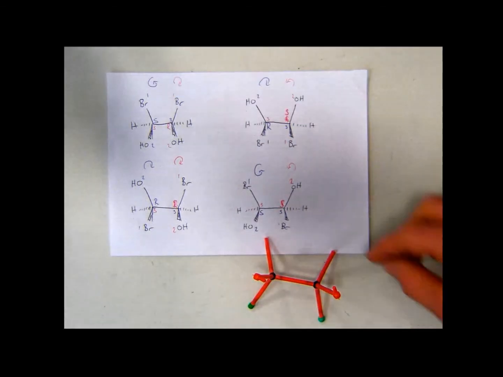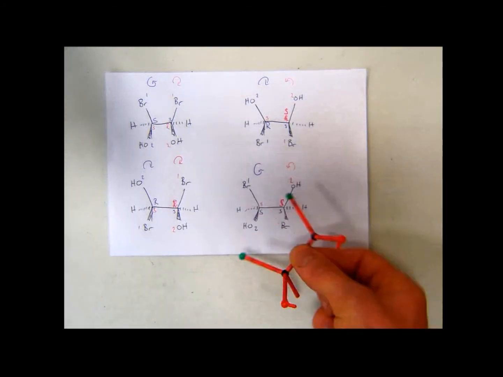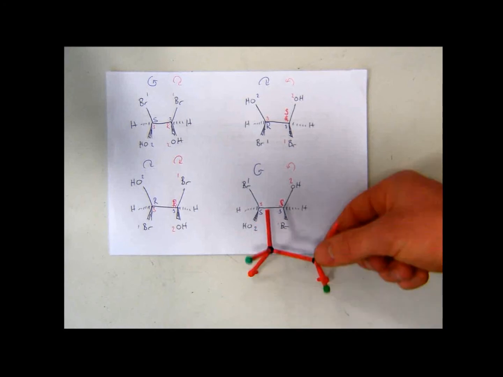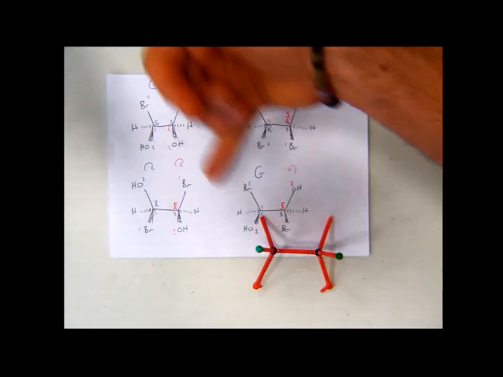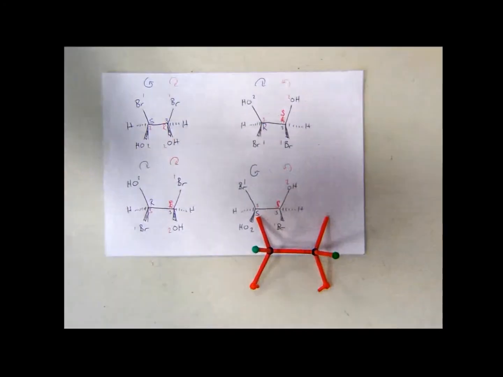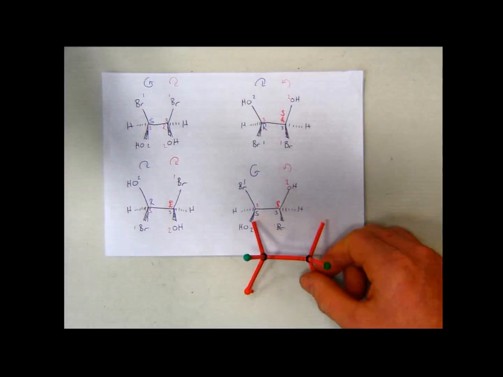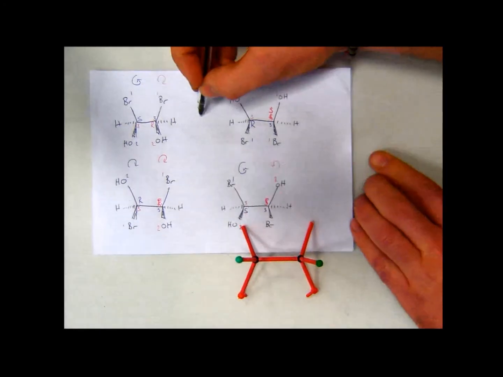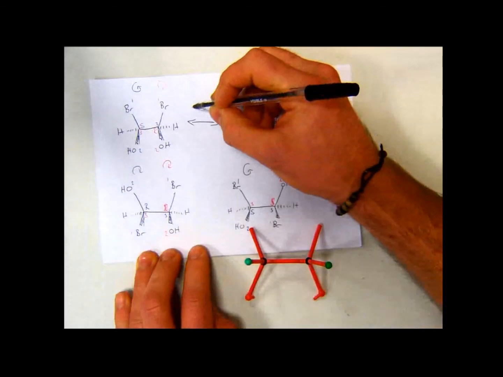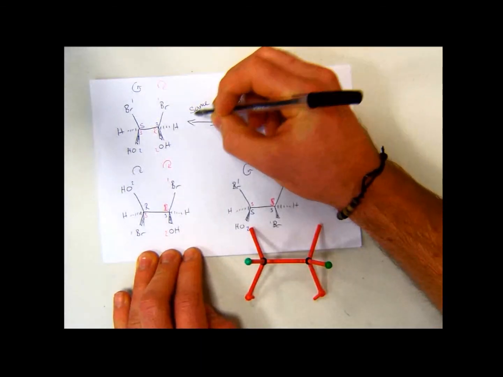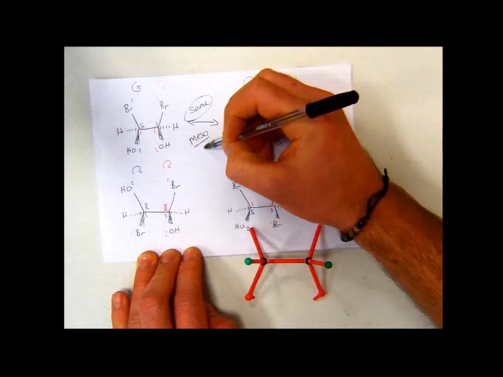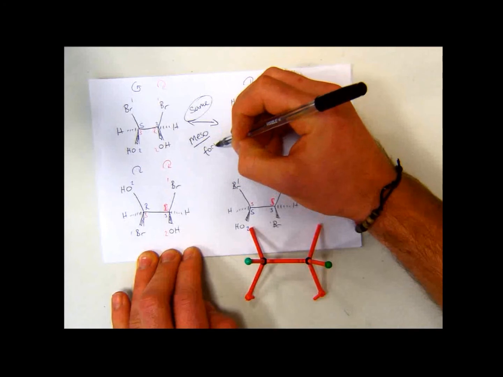To get to this model, we can actually rotate and then flip this way, and it becomes 2 bromines on the top, 2 hydroxy at the front, and both hydrogens at the back. All in all, these molecules are the same. We call this the meso form.